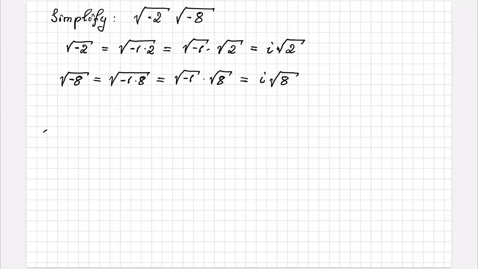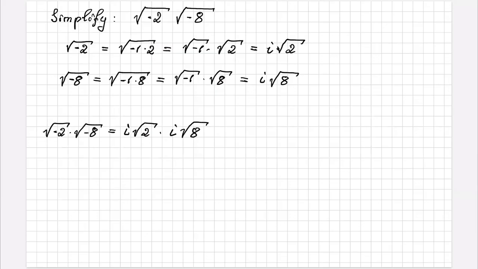So we have the square root of negative 2 times the square root of negative 8 being equal to I times the square root of 2 times I times the square root of 8.